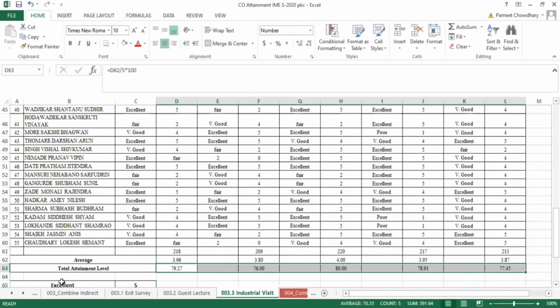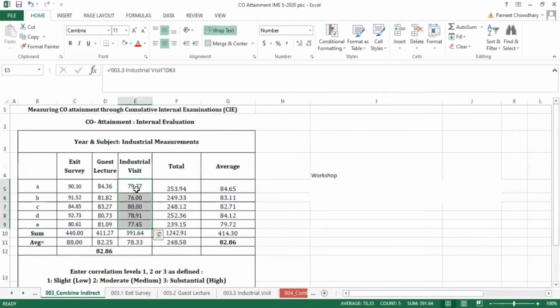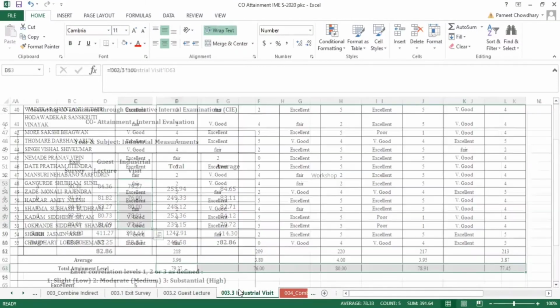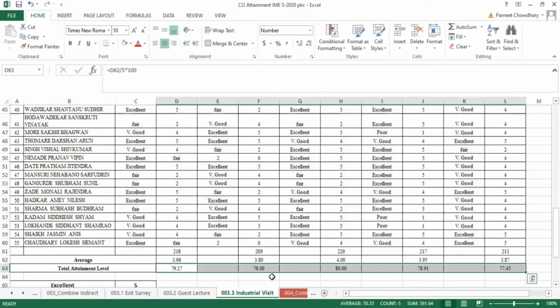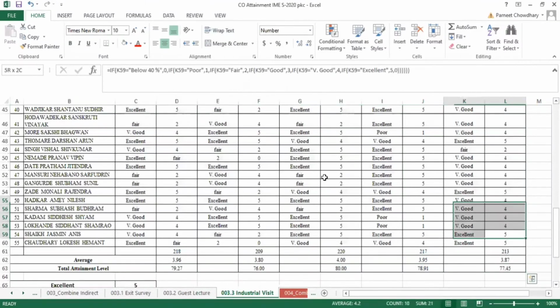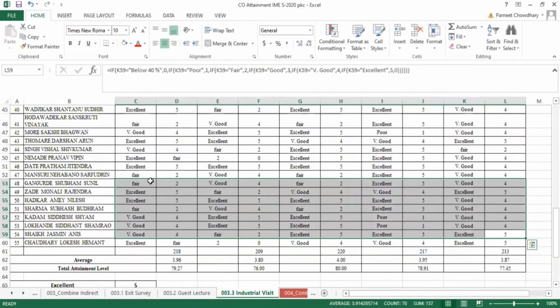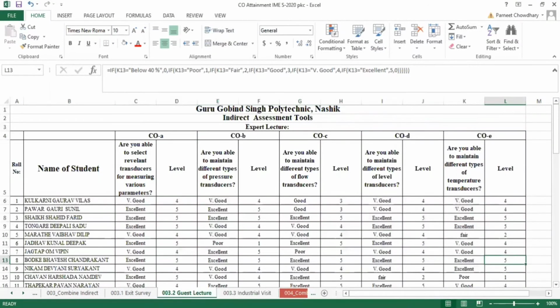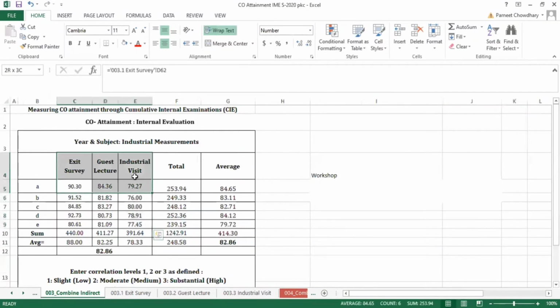These are my 5 values CO wise, which are appearing here. You see 79.27, 76. These values will be dragged automatically in this main sheet. So you just have to paste the feedback of your respective students for that particular visit, and for guest lecture it is similar.